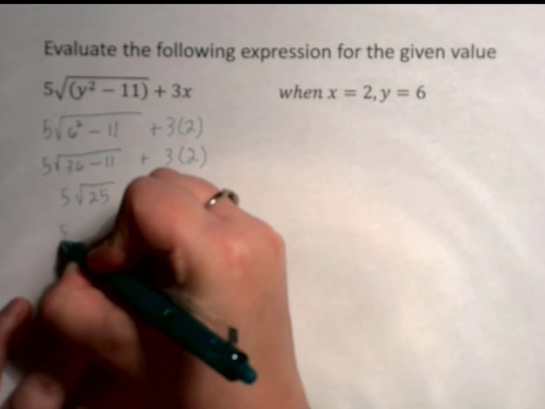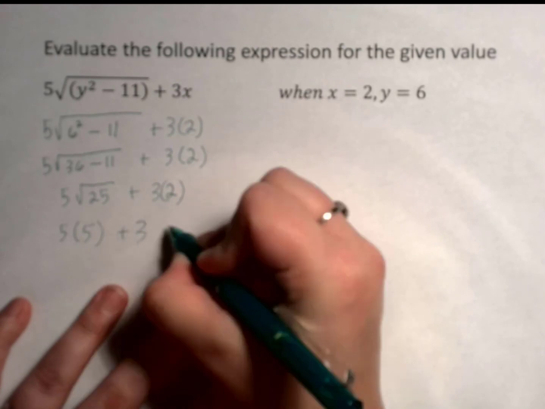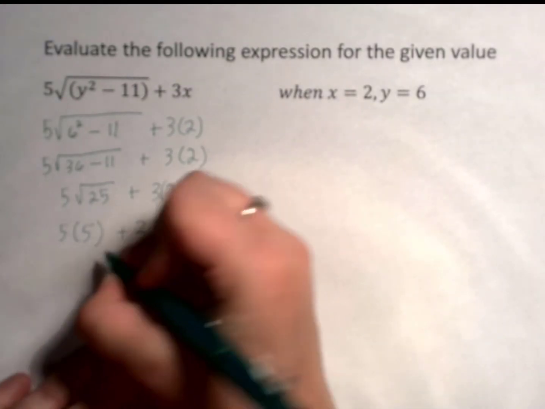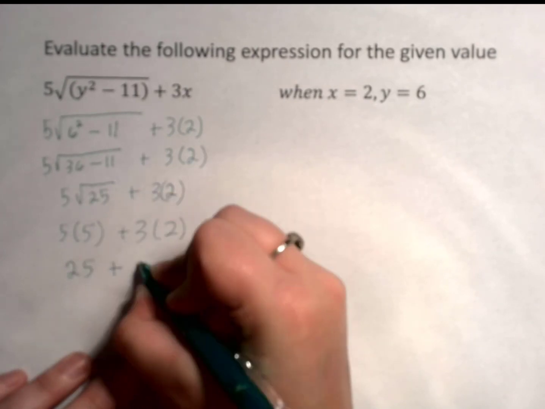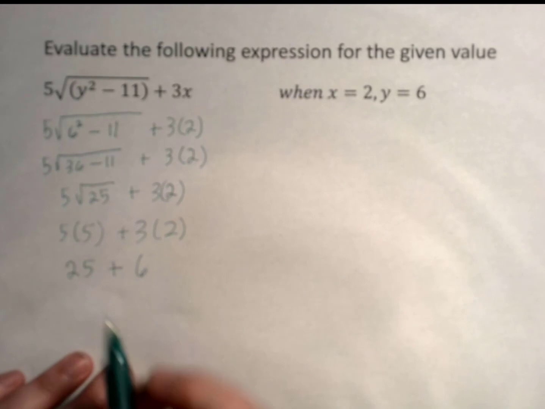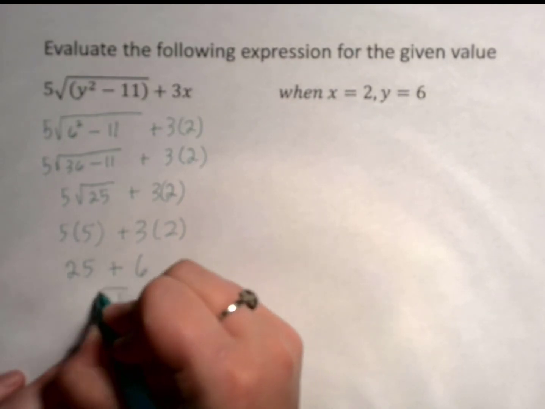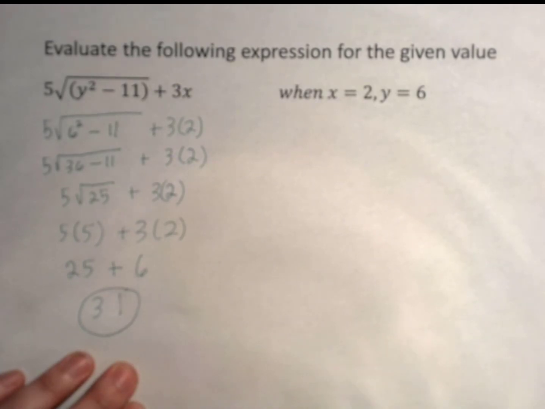So I have 5 times 5 plus 3 times 2. 5 times 5 is 25. 3 times 2 is 6. And 25 plus 6 is 31. And that's our recap of evaluating expressions.